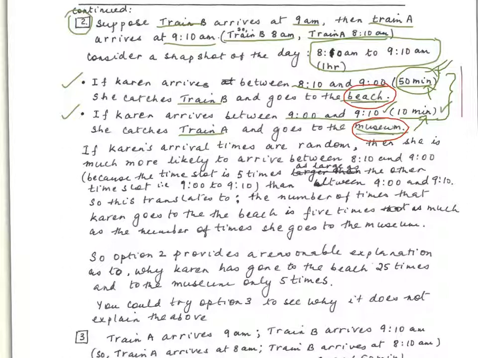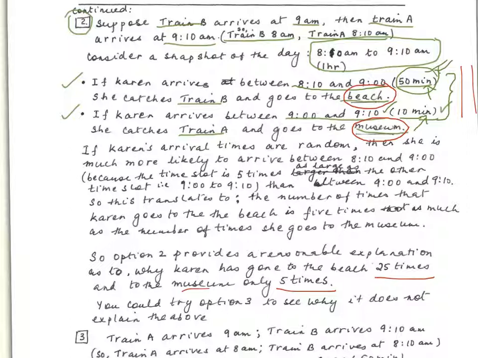So this explanation favors what really happens because she goes 25 times to the beach and only 5 times to the museum. So she's 5 times more likely, because 5 times 5 is 25, she's 5 times more likely to go to the beach than she is likely to go to the museum.